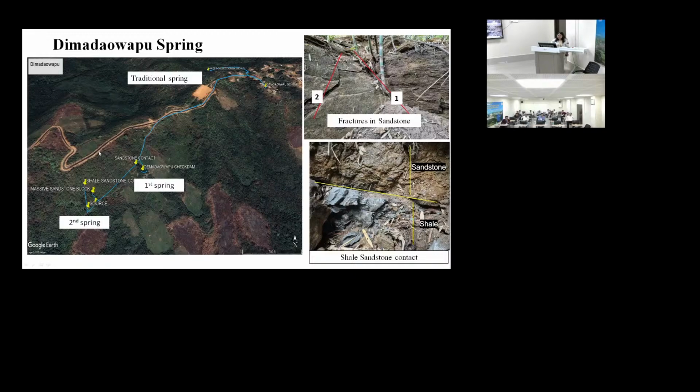And if you see the anthropogenic activities, there is no major anthropogenic activity on this slope, so this should not have impacted these two springs. They are doing jhum cultivation on this hillock only. This is the main reason why these two springs are drying up.